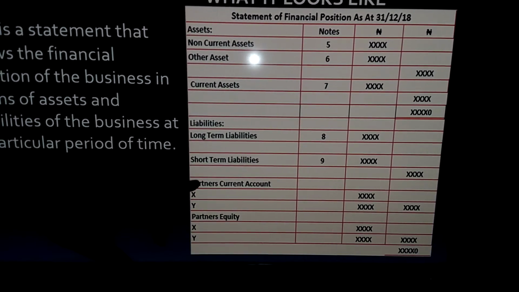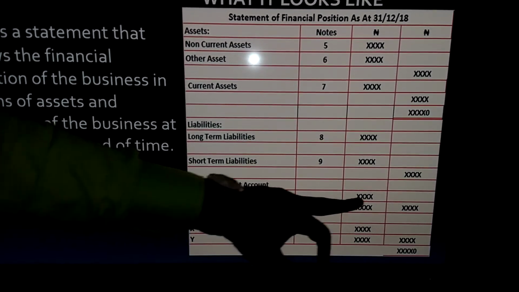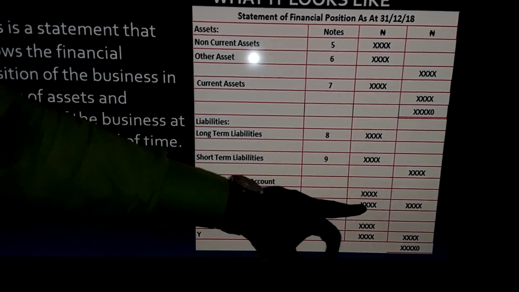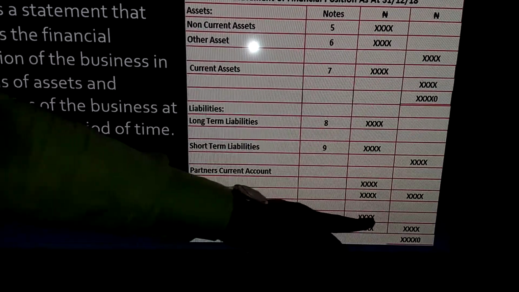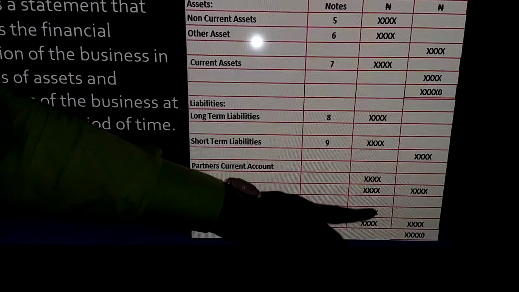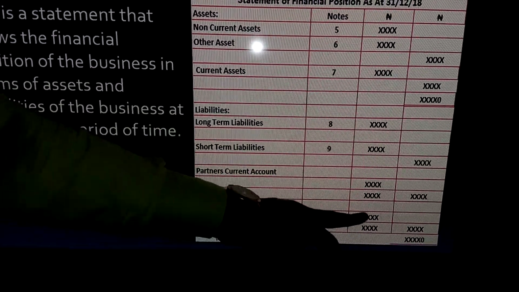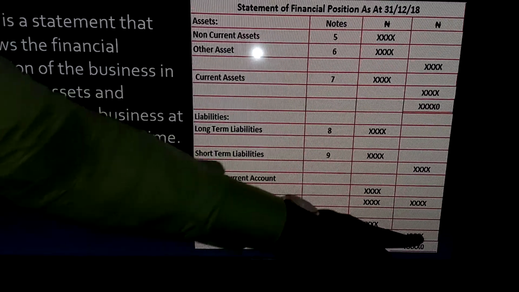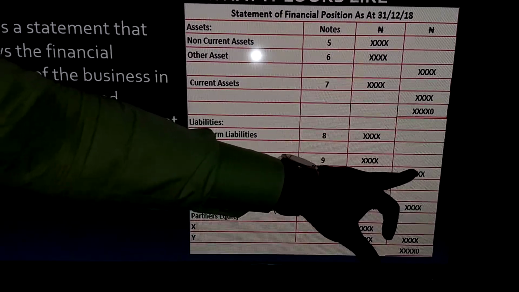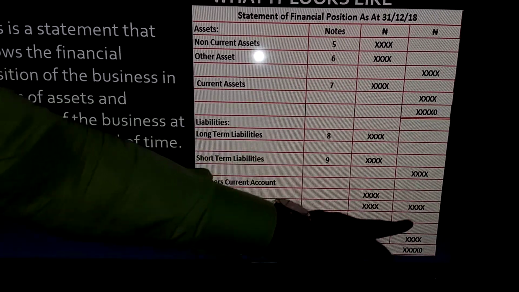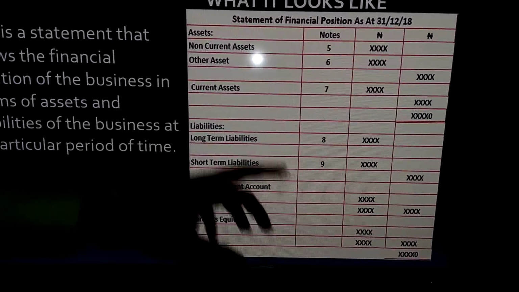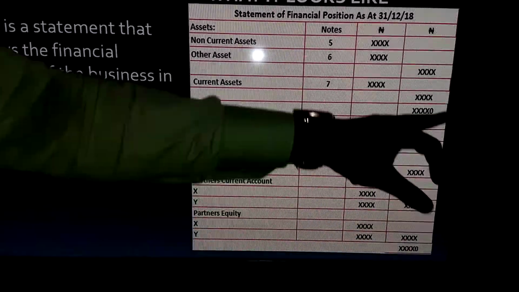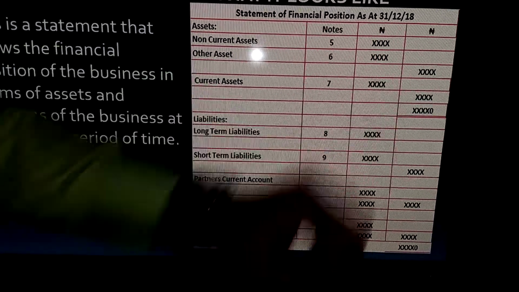The partner's current account balance, you have X, you have Y. When you add the two, you have this. The partner's equity, you have X, you have Y. When you add this to this, you have this. By the time you add your long-term liability with your short-term liability, with your partner's current account, and with your partner's equity, you have your total liability, which must be equal to your total assets.